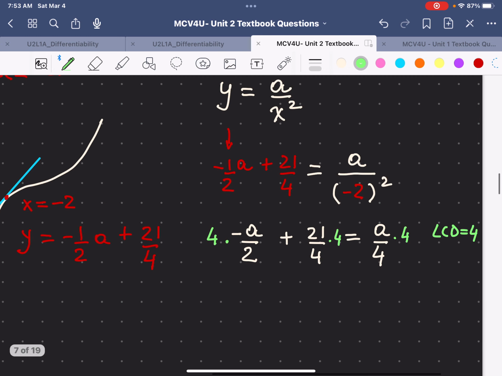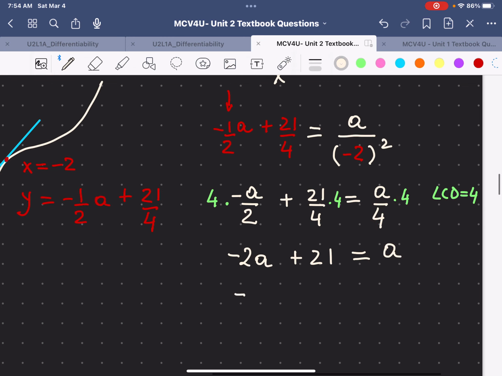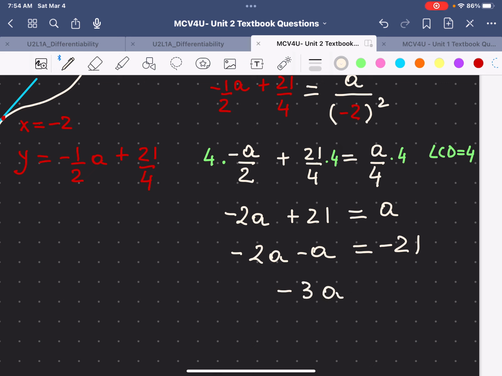So that will give 4 divided by 2, a 2 times negative a, negative 2a. And then this will become simply 21. And on the other side, we have again 4 and 4 simplifies to a. So negative 2a minus a equals negative 21. So negative 3a equals negative 21, and as you can see, we obtained the same value of a.